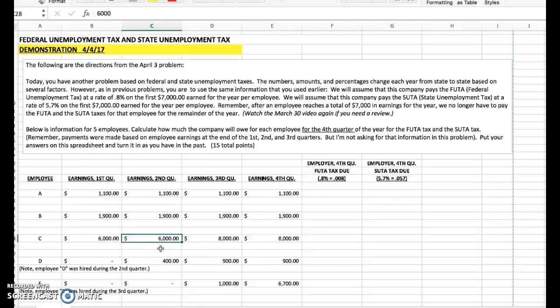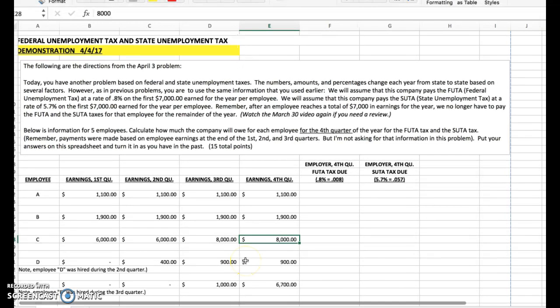So we only pay up to 7,000, which means for the second quarter we would have paid for this employee C based on $1,000 earnings. So we paid based on 6,000 in the first, based on 1,000 in the second quarter. Then he or she reached that magic $7,000. After that, all the other earnings in the second quarter, all the earnings in the third quarter, all the earnings in the fourth quarter, we don't have to worry about as far as unemployment tax because he or she is over the 7,000. Important.